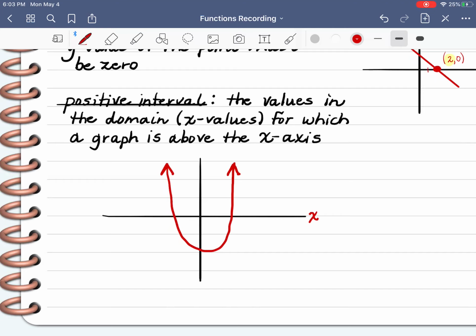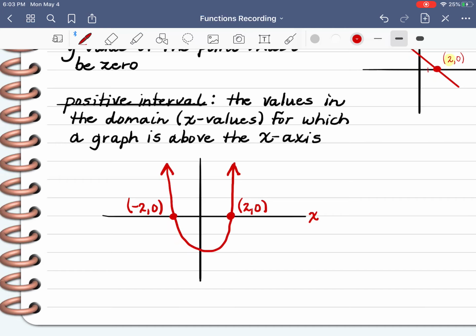So let's look here to see where that would be. Let's use a coordinate. So let's say x is 2, y is 0. Over here we have maybe x is negative 2 and y is 0. So we have two x-intercepts.